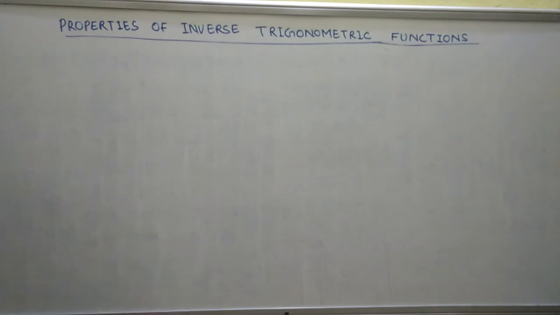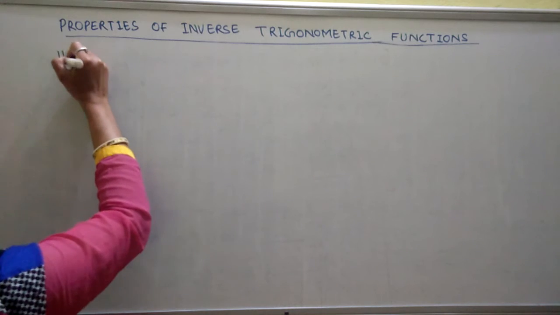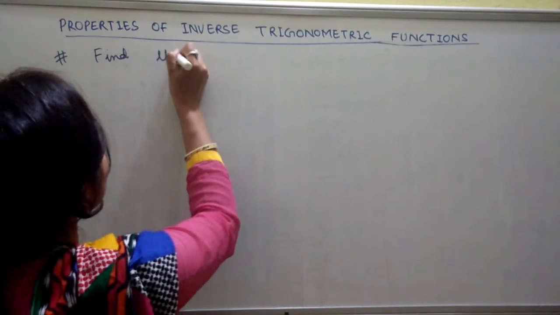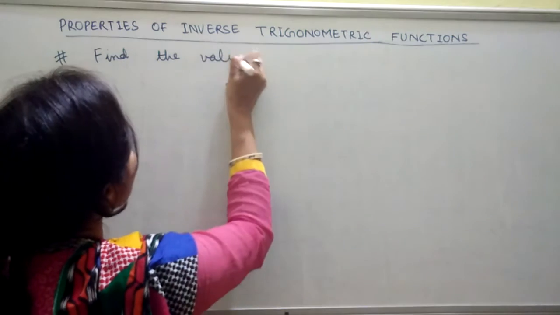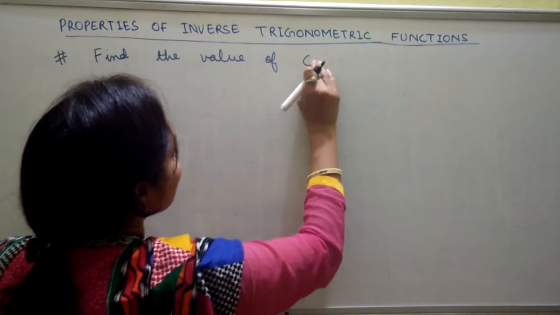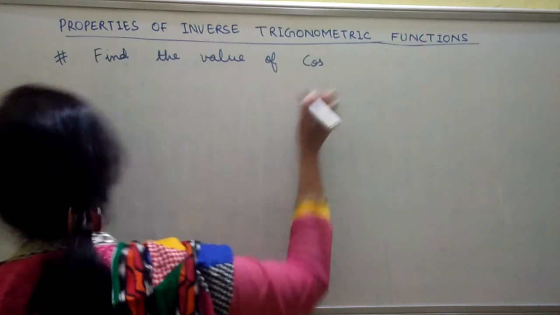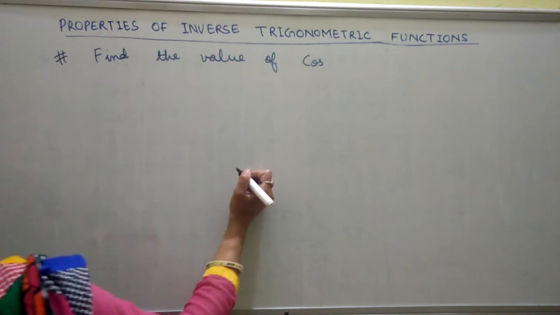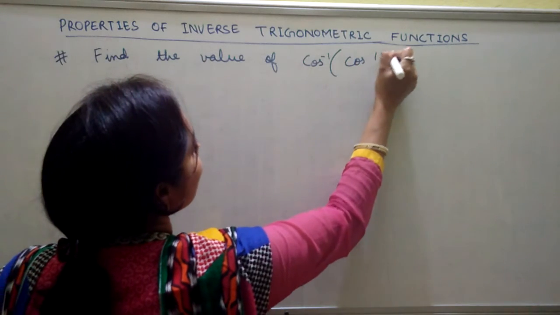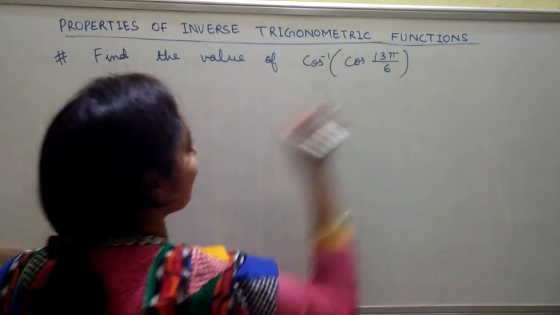The question is: find the value of cos inverse of cos 13 pi by 6.